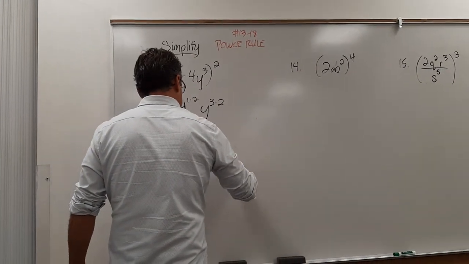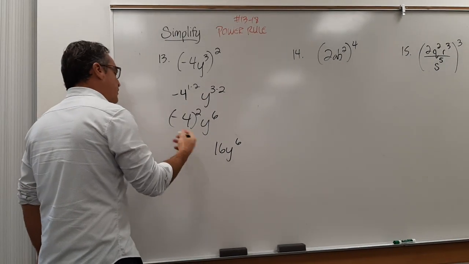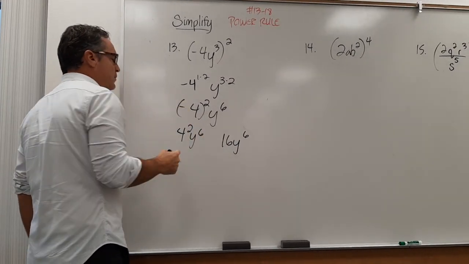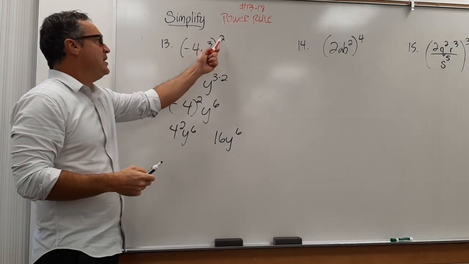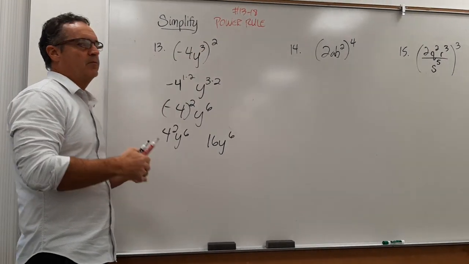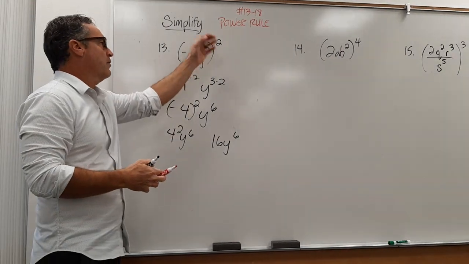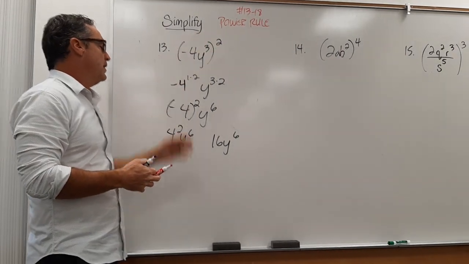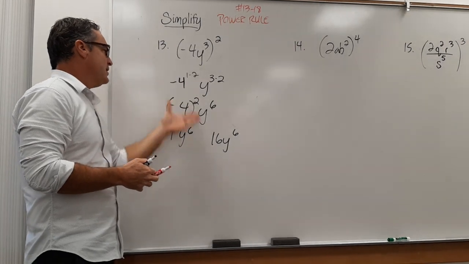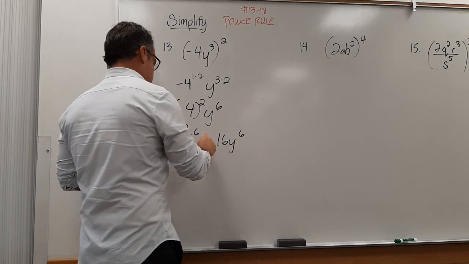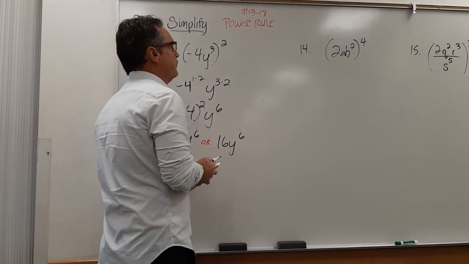So there's a chance that they'll have 16y to the sixth, but there's also a chance that the answer will be 4 squared y to the sixth. And we talked about this in class, that when we have an even exponent, the negative goes goodbye. To the second power, to the fourth power, to the sixth power, that negative will go goodbye because this is a simplified problem. So it could be either one of these two answers.